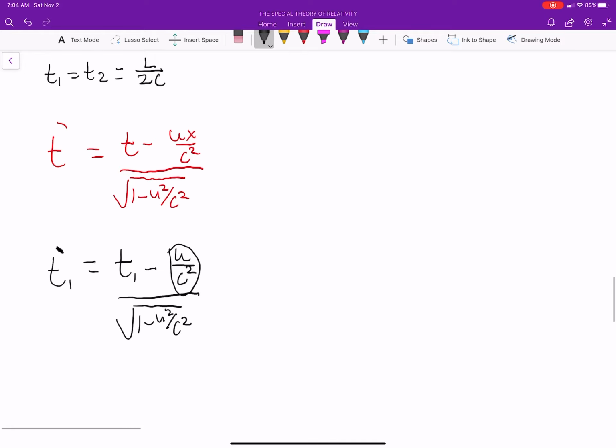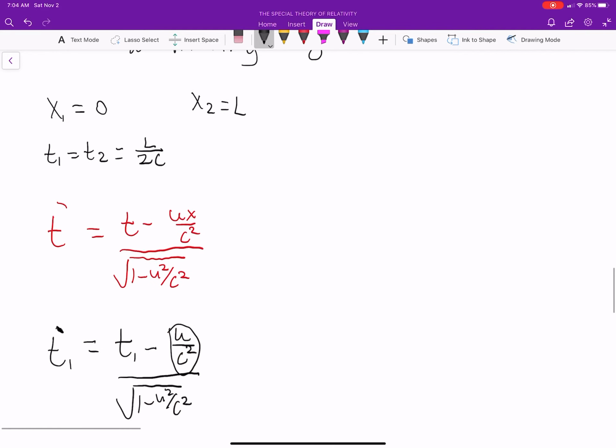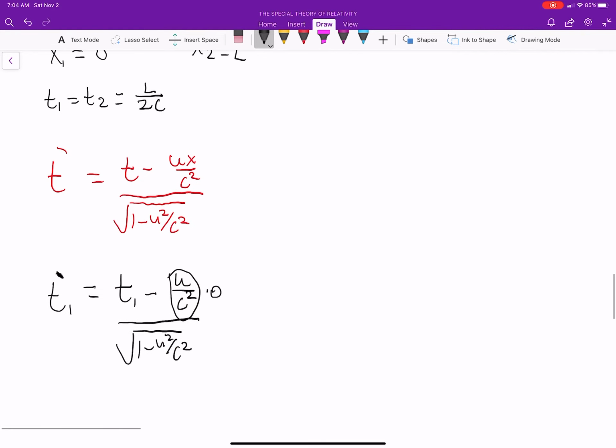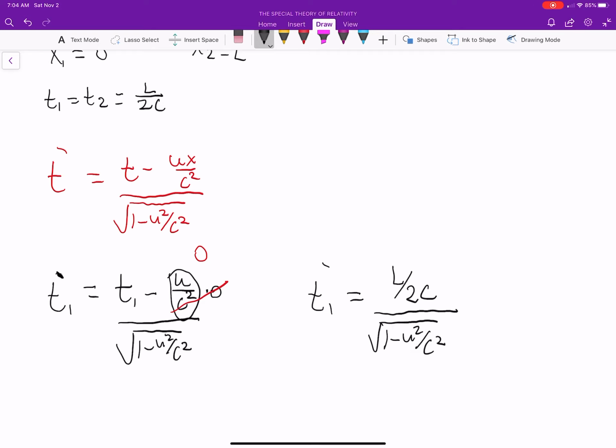But the x position for 1 we said is 0. So that's times 0, so this whole bit goes away. That simplifies nicely to T prime 1 equals T1, which we said was L over 2c, divided by the square root of 1 minus u squared over c squared. Okay.